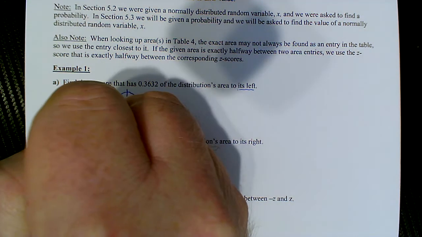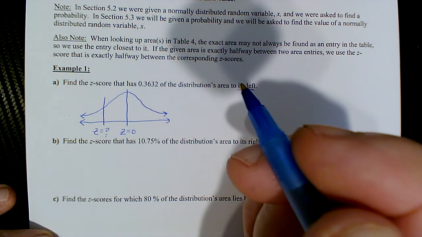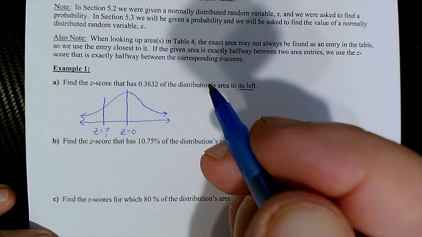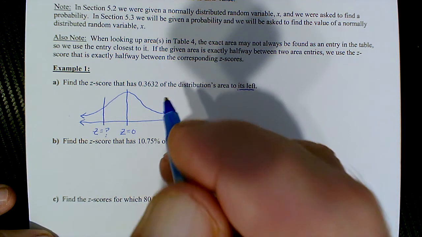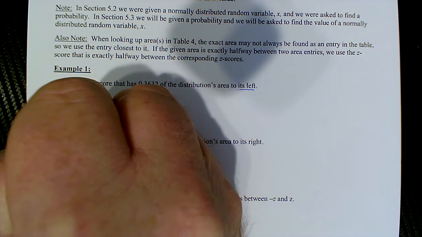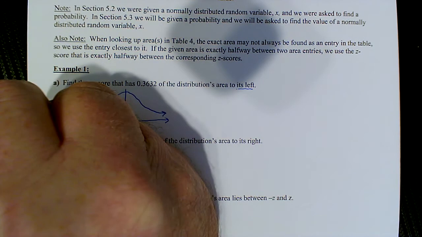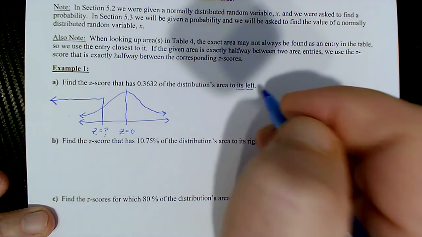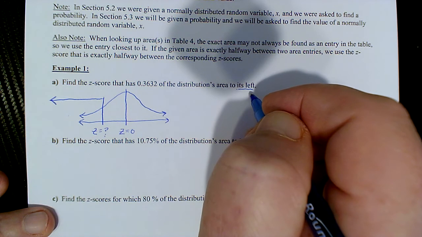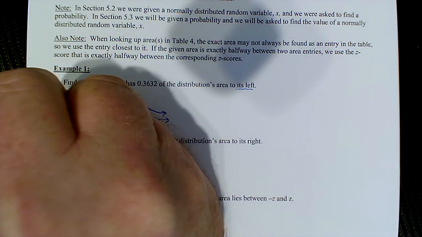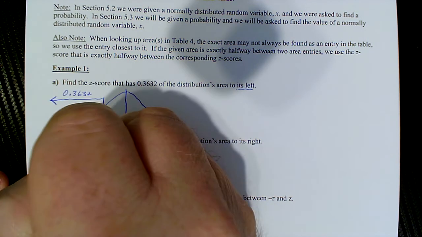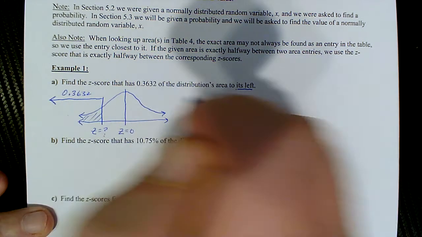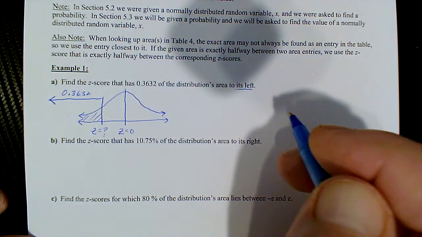And remember, table 4 gives us the left cumulative area. So if I draw my left cumulative arrow, that's basically telling me that 0.3632 is the area to the left of that z-score, so in that tail.